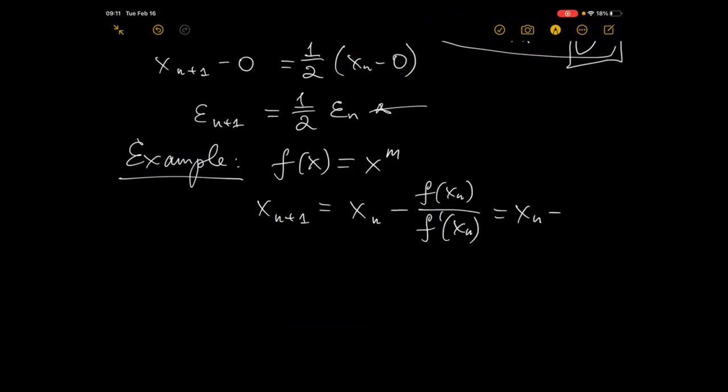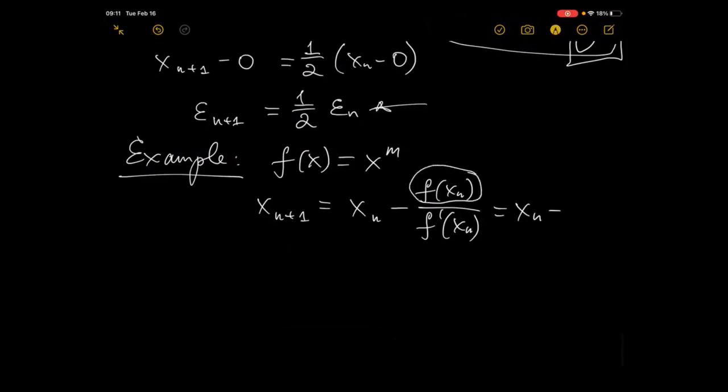So could you tell me what I will have here for this ratio? What is this? That's just xn to the mth power, right? And in the denominator? It'll be m times xn to the m minus 1.